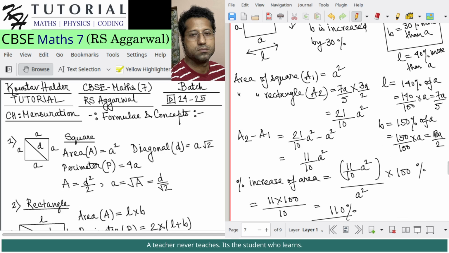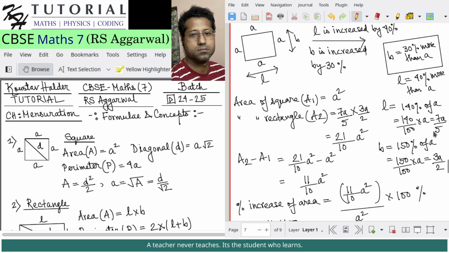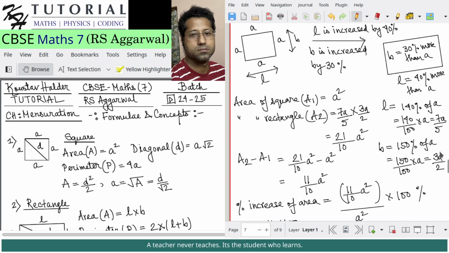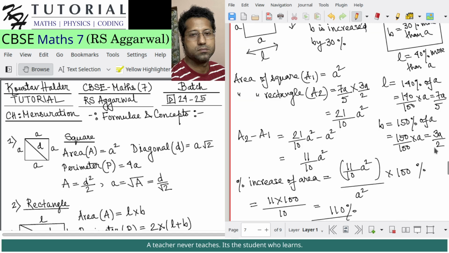So length will be 140% of A, which is 7A by 5. That is fine. And breadth will be 130%. 30% more means 130%, so 13 by 10 A will be the breadth.